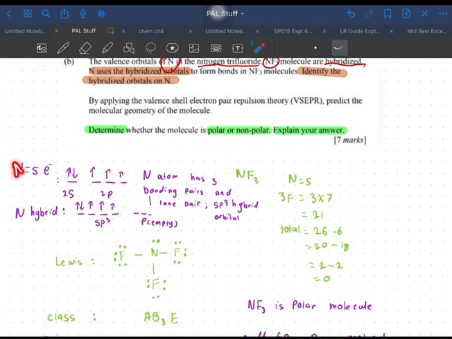So we know that nitrogen has 5 electrons. Hence, N is in period 2, so 2s and 2p. According to VSEPR theory, we have to fill in the shell in front of us. So it becomes 2s, 2p.